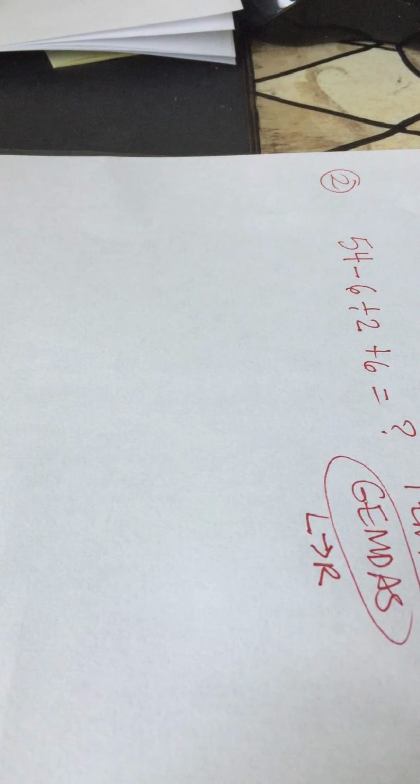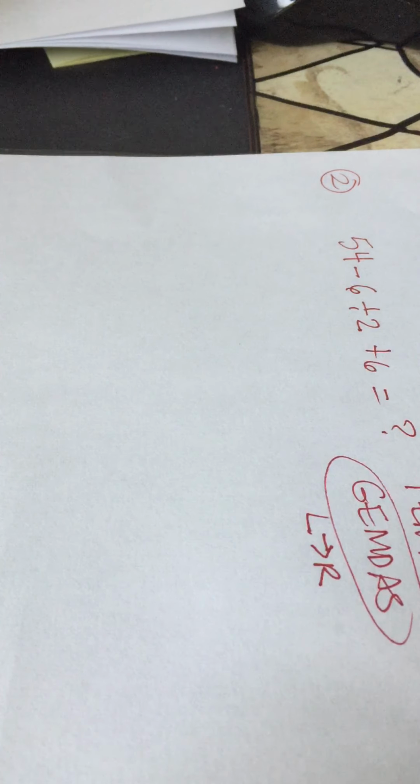Okay, so let's look at our problem. Do we have any grouping symbols? And the answer is no. Do we have any exponents, or do we have any square roots that need to be simplified before we move on? And the answer is no. Do we have multiplication or division from left to right?